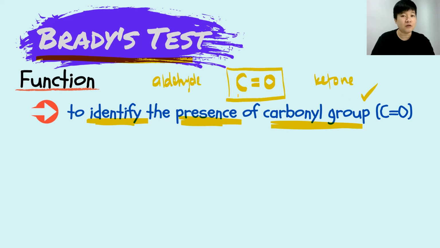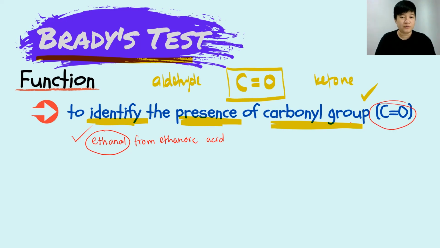In other words, the Brady test will be used to differentiate aldehydes and ketones from other functional groups. For example, you can differentiate ethanal from ethanoic acid, because your ethanal is a 2-carbon aldehyde, while your ethanoic acid has a COOH. So ethanal will give you a positive Brady test.